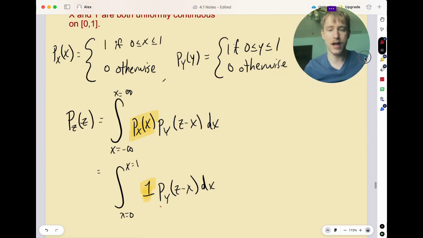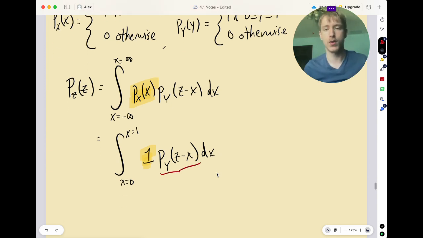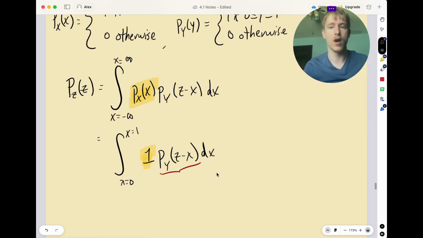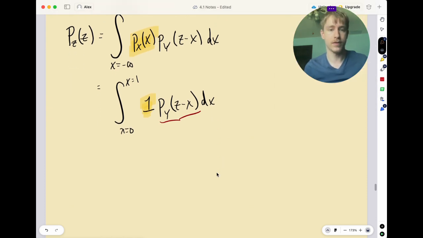I'm going to tell you right now, this is going to be a piecewise function that depends on a couple of cases for z. So let's figure out what this is. Case 1. Remember, this probability density function is of z, so we're considering different possibilities for z. The first possibility is that z is between 0 and 1.